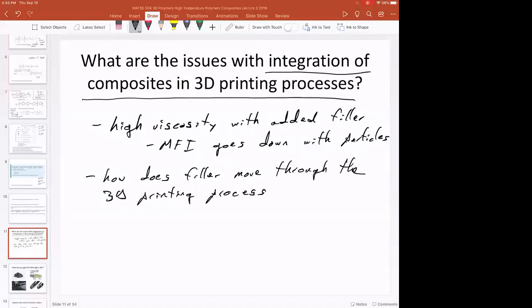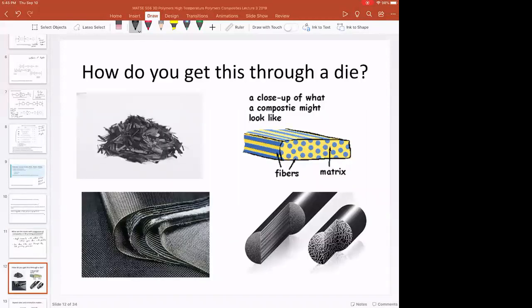So that's important if you want to use continuous fiber, or if you want to use a woven mat like this. You know, there aren't a lot of printing processes that can actually integrate that part of the composite into the process. So you have to think about that. Although I'll show you some ways that we use continuous fiber in this process. But if you want to use woven carbon fibers, the only way to do that is probably sheet lamination. And of course, that's a niche AM technique.